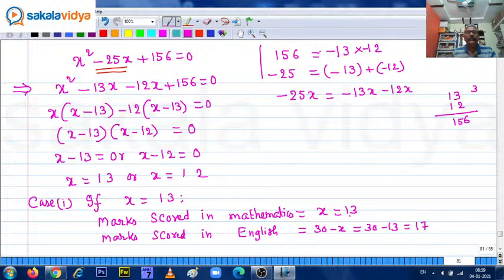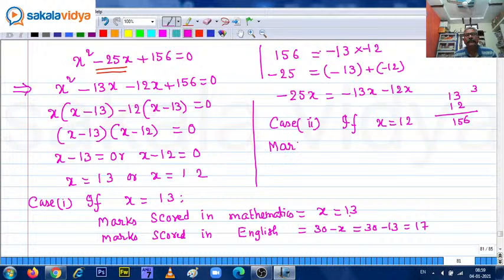Instead of x equal to 13, if you consider 12, that is case 2. Suppose x equals 12, then marks scored in mathematics equals x, that is 12 marks.